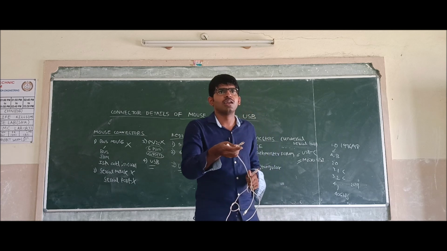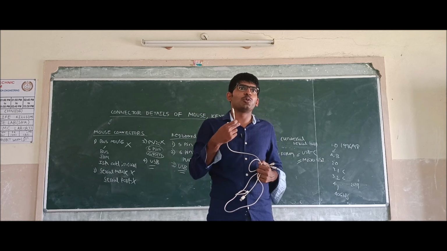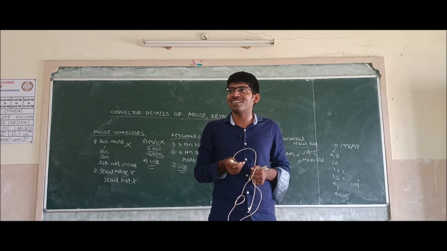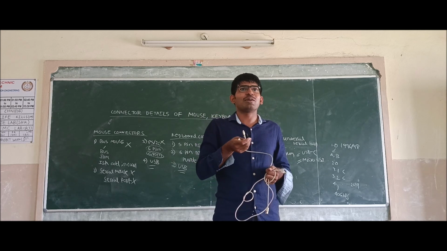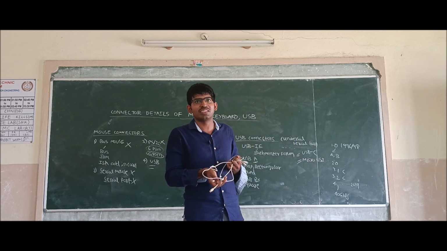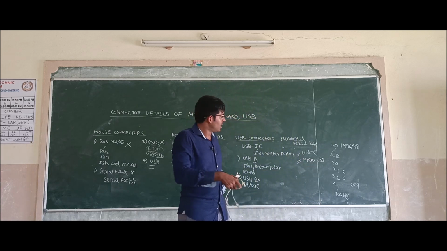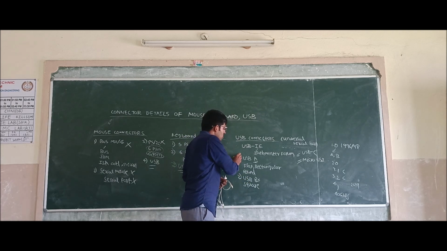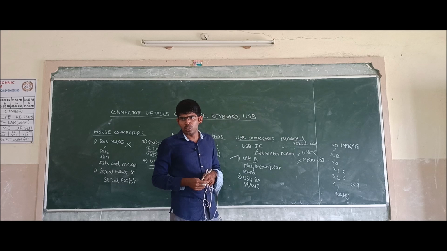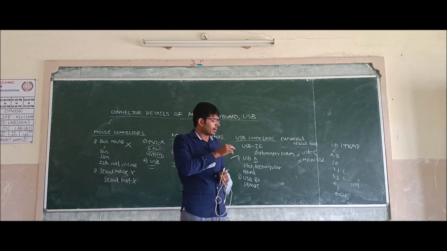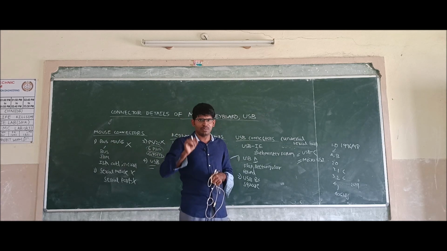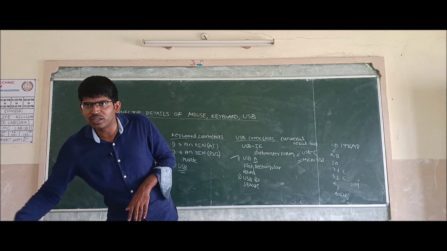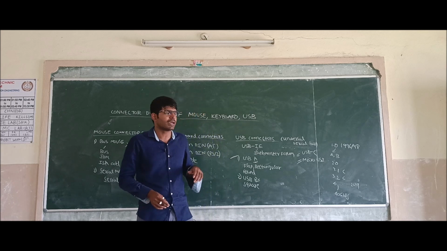This is the type C connector. There is no need for me to explain type C connectors much, because we see them daily, and you understand the type C and micro USB connectors better because you are already using them. Pen drives also use the USB type A connector. We use type B connectors very rarely, only when connecting to a printer or to an Arduino.